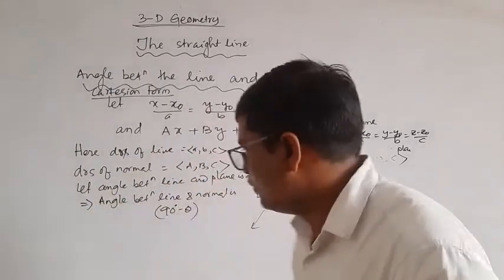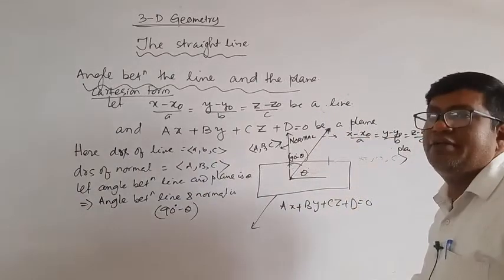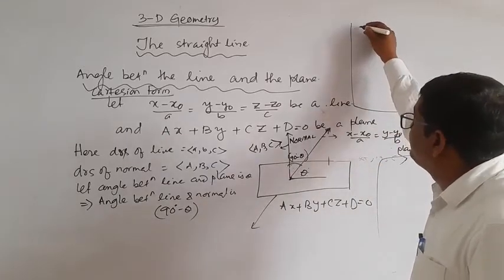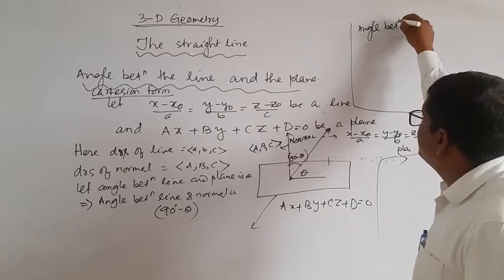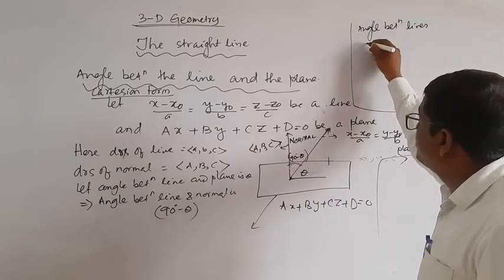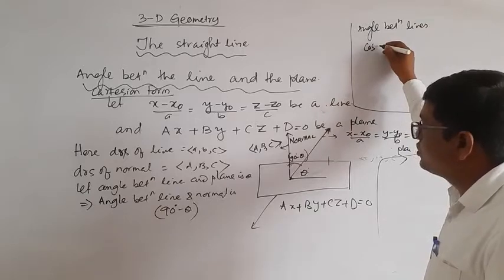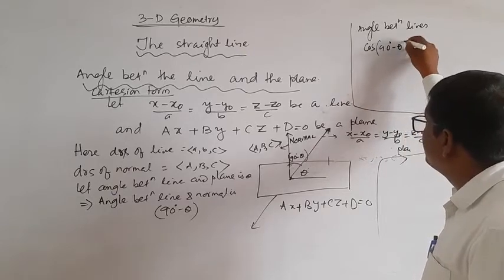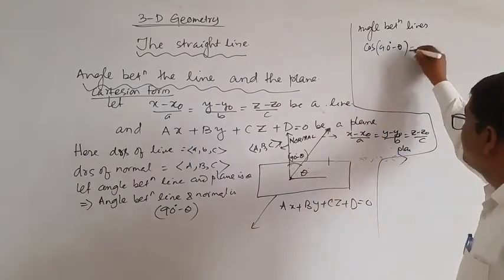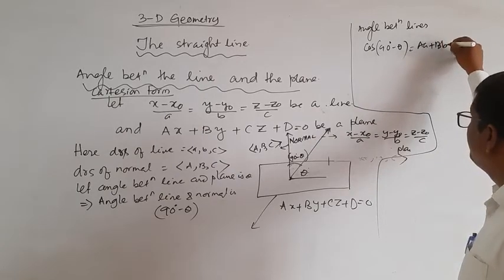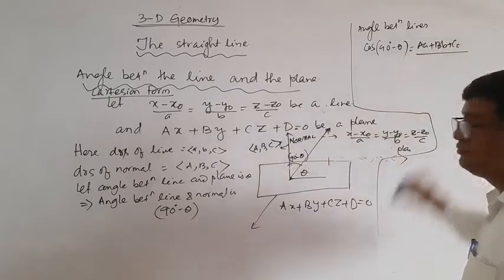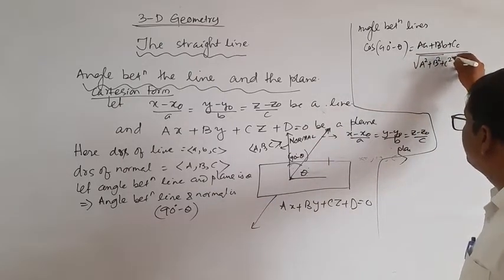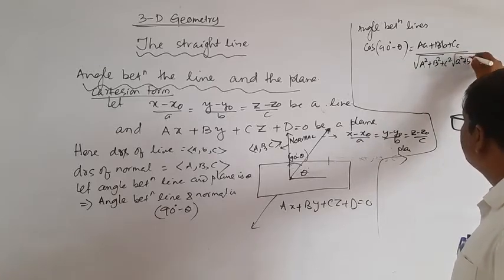The angle between two lines is given by cos theta equals a into A, b into B, c into C divided by square root of a square plus b square plus c square into square root of A square plus B square plus C square.